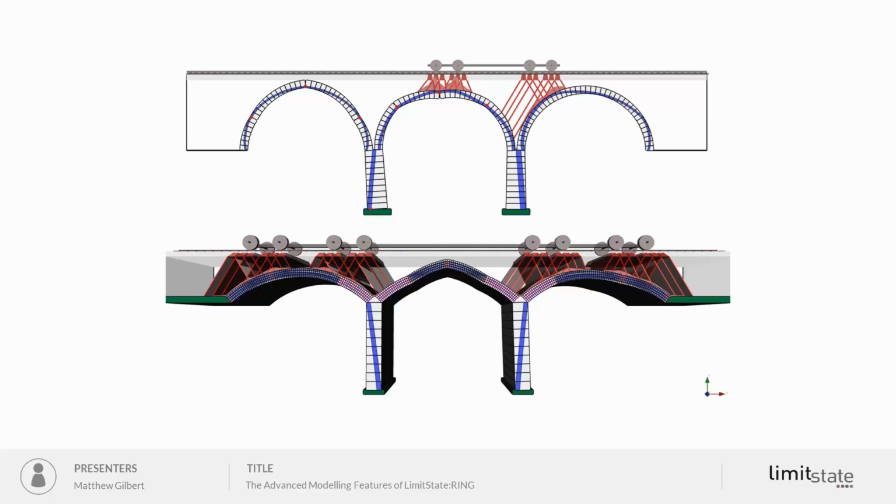So instead of a single voussoir arch in the centre, we actually have a multi-ring brickwork arch, and we're using the facility to model partial ring separation to glue those different rings together close to the piers. And so all three spans actually have multi-ring brickwork arches. We'll look at how we can achieve that in the software, amongst other things, during the webinar today.